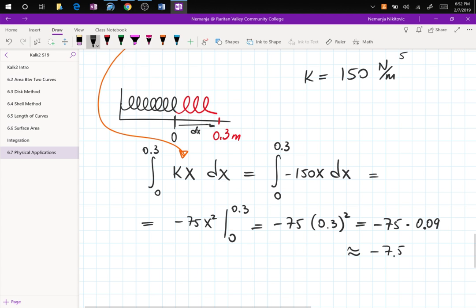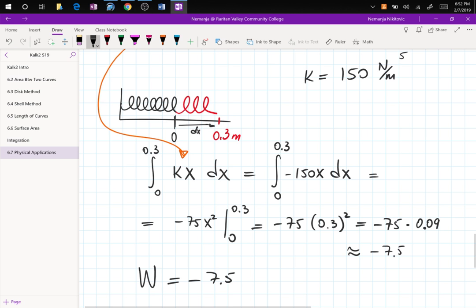Negative 7.5. What do you mean negative 7.5? Why is it negative? We are saying that the work is negative. Yes, the work done by the spring.